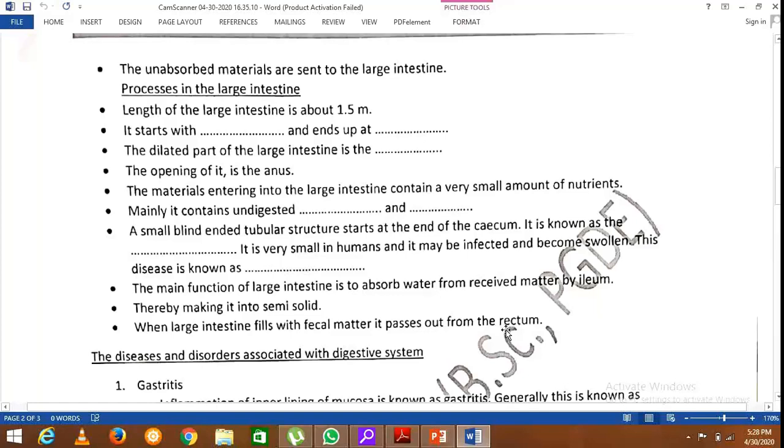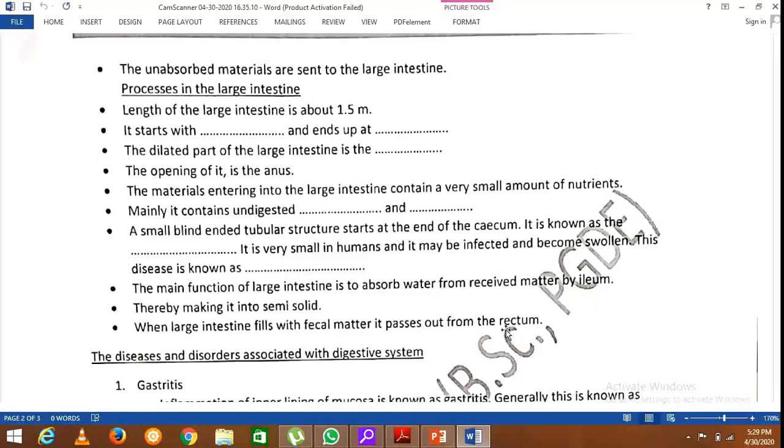That means it is stored inside the rectum, and it gives the signal to remove the fecal matter. If the fecal matter is kept inside the rectum for a long time, more and more water is absorbed continuously, and it ends up with hard stools. Then we call the condition constipation.